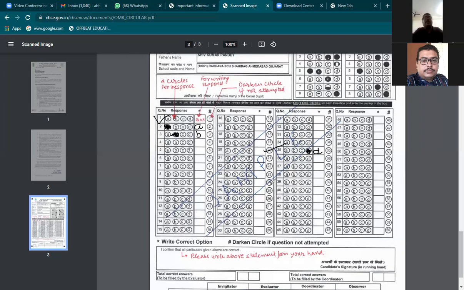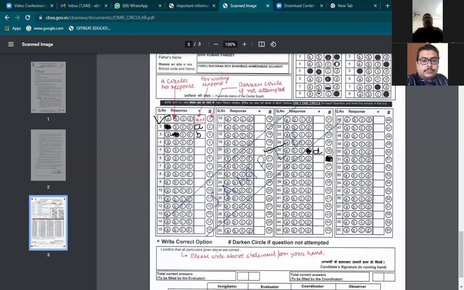So what needs to be done? Very important. If a question is unattempted, you can see another circle just beside the rectangular box. You should darken that. You should darken this rectangular box.